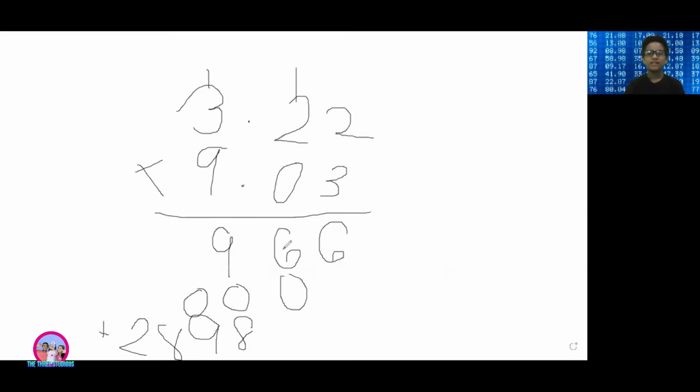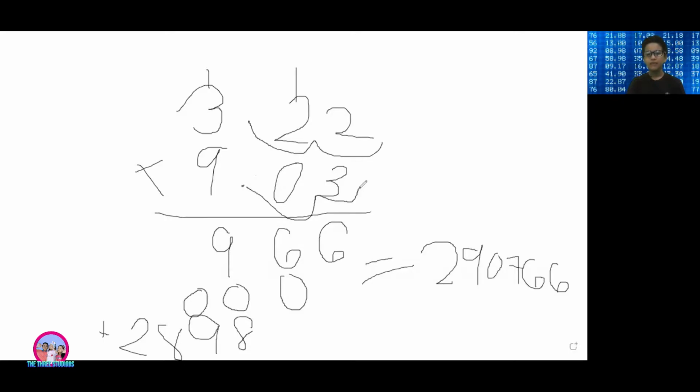We are going to add them. This will give us the sum of 290,766. Getting the decimal places of the factors we multiplied is 1, 2, 3, 4. So in total, we have 4 decimal places.